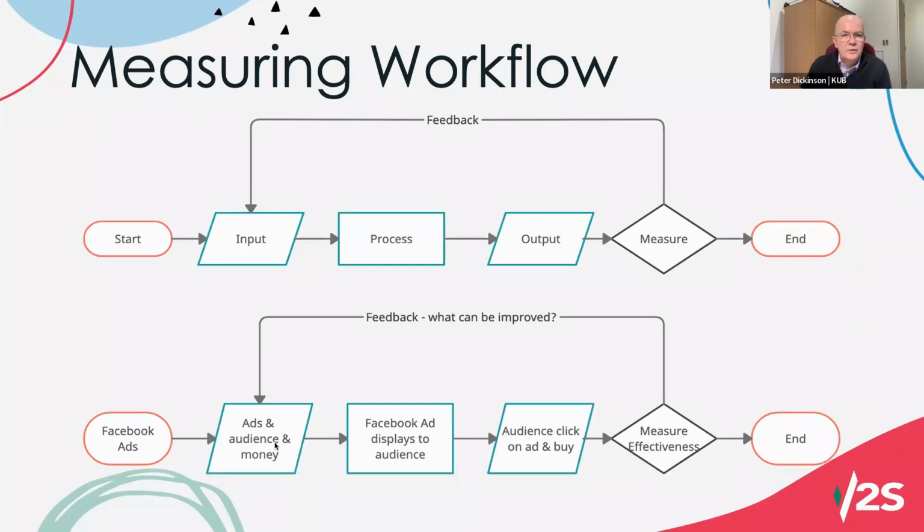Did you have the right audience? Have you spent the right amount of money? Are the creatives you've used the right ones? And you've got to do various tests to check that. And then obviously the end. So this is how it works in reality, and you need this for every marketing resource that you use.